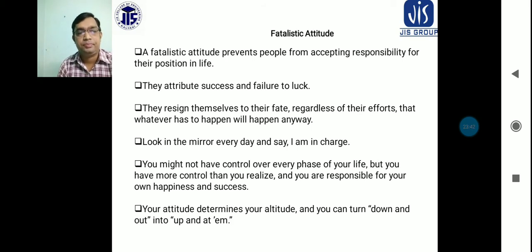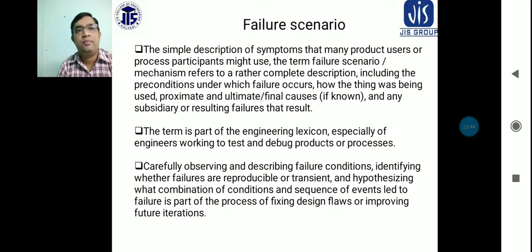A failure scenario is a simple description of symptoms that many product users or process participants might use.